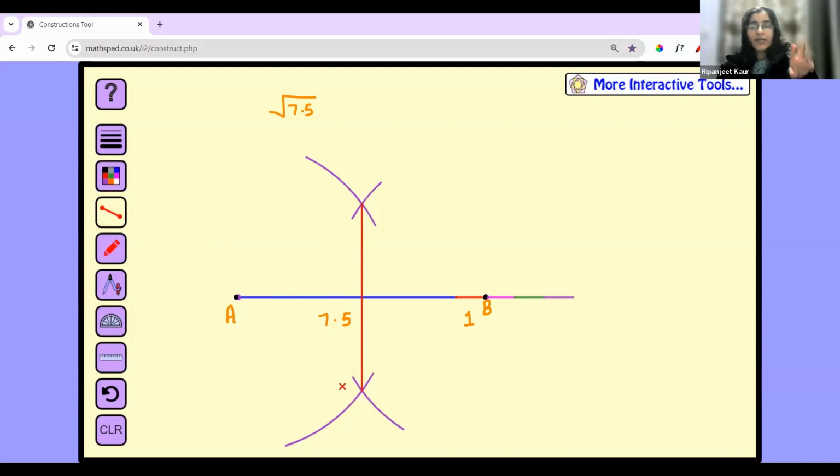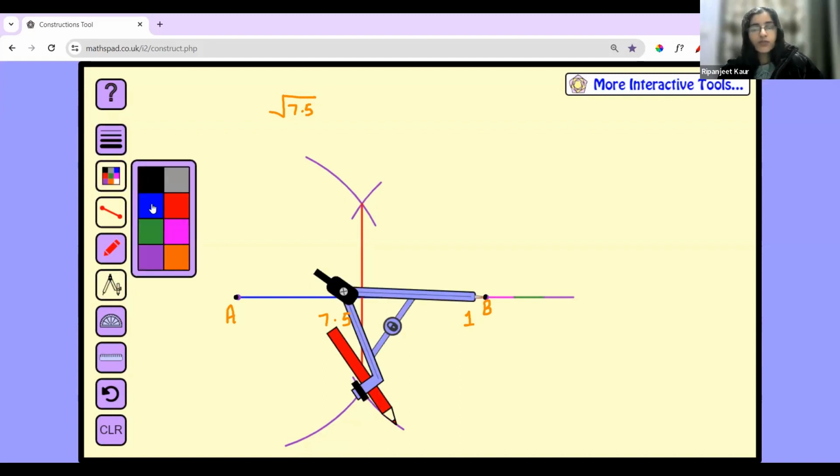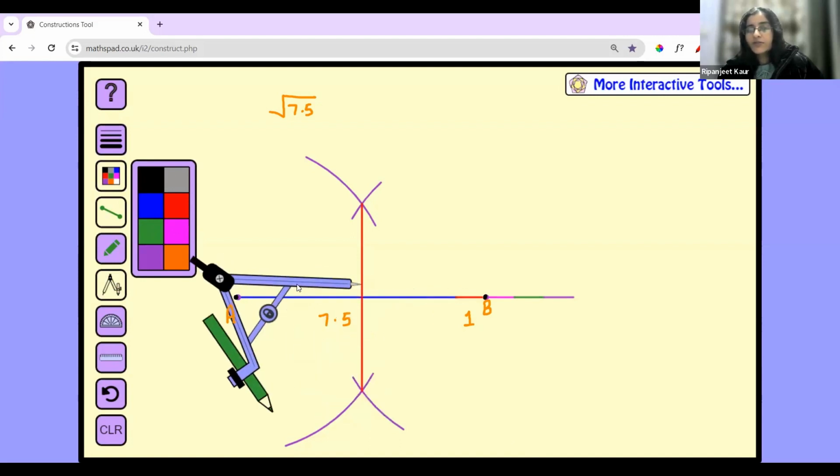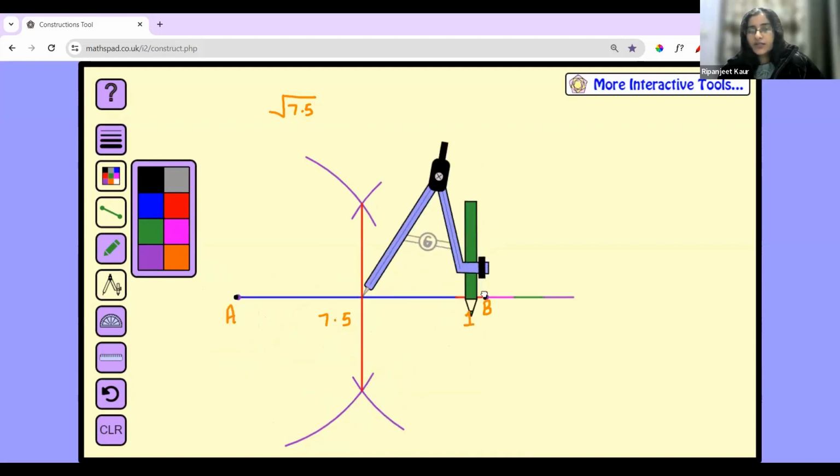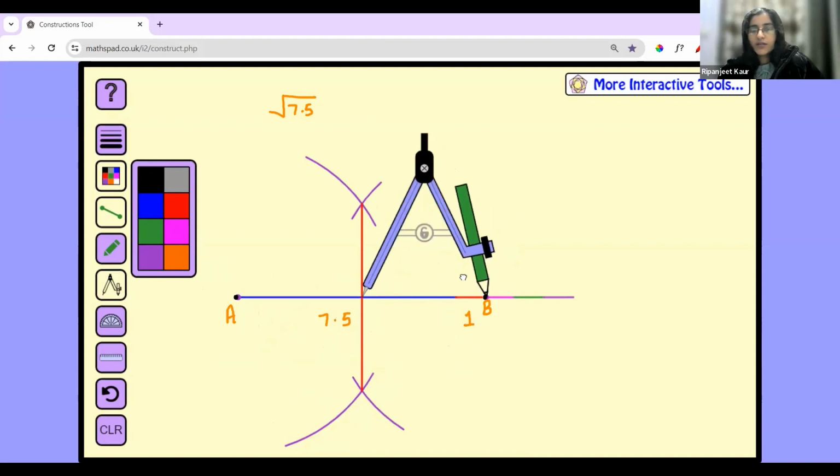Bisector means cutting it into half. Now what are we going to do with that? Now we are going to make a semicircle on the line AB by using our compass. Here is our compass ready to be used. For making a semicircle, we will need the same radius, right? So let us check the radius over here.